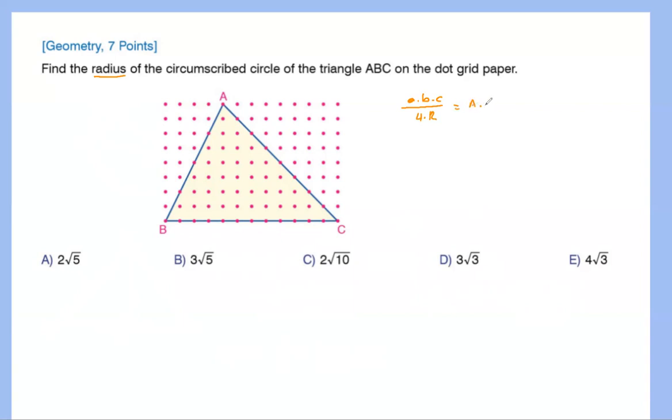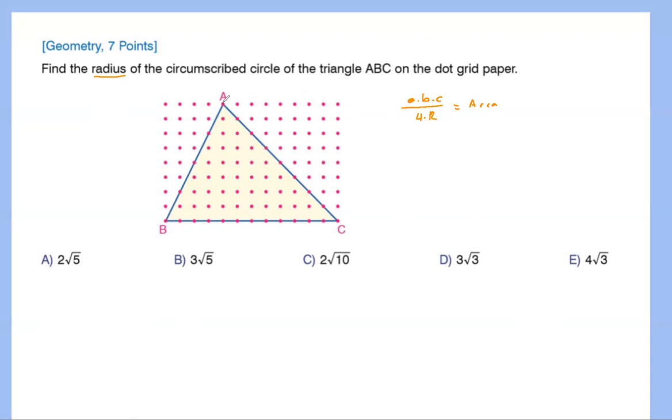So this is the area of the triangle when you have the circumscribed circle. We don't see the circle, but you can draw a circle around it, and we are looking for its radius. If I know the area of this triangle, I can use the sides to get the radius, which is what we are going to try.